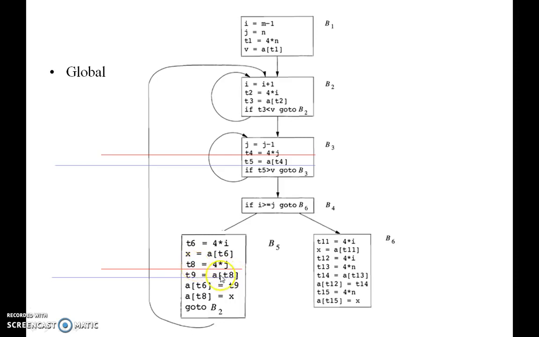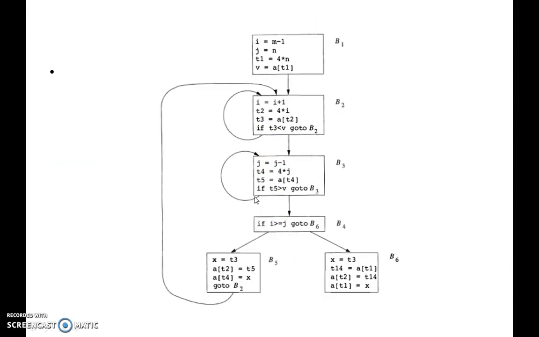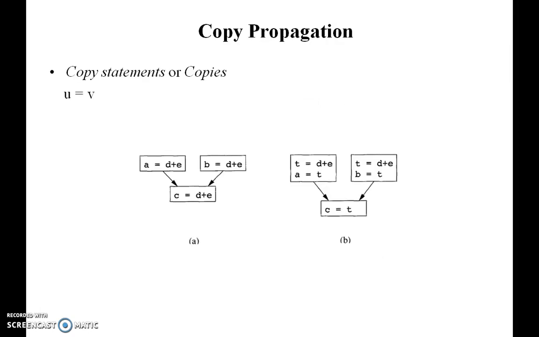This T8 has been called here as A of T8, that is A of 4 star J. So ultimately, instead of this A of T6, we just call T3 directly, because that is why here we have X equal to T3, because T3 shows A of T2, and T2 shows 4 star. So this kind of elimination takes place. This kind of elimination is called global optimization.